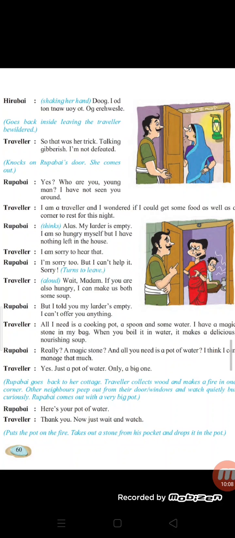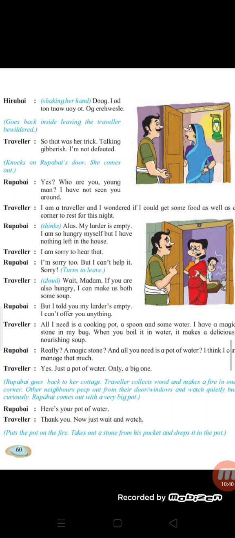When you boil it in water, it makes a delicious, nourishing soup.